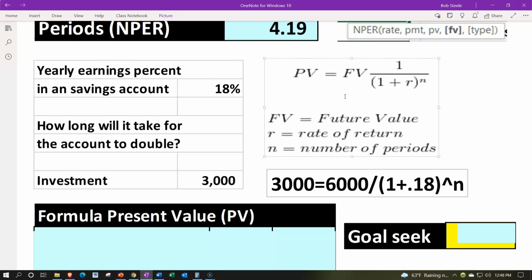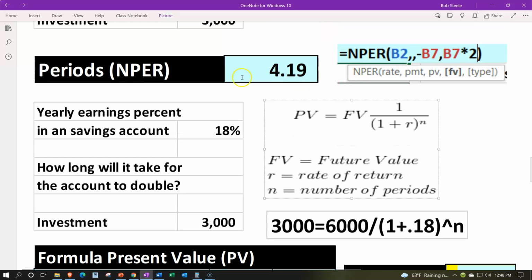We won't have a formula for the number of periods because, although if you look this up in a book, you might see a formula for the number of periods, in practice, you'd probably say, I'm going to use either present or future value formulas, plug in all the knowns, and then solve algebraically for the unknown, which in this case is n. If you were to rework the formula algebraically solving for n, then you would in essence do the same thing as we did up here with the function, reworking the algebra and solving it for the one unknown.